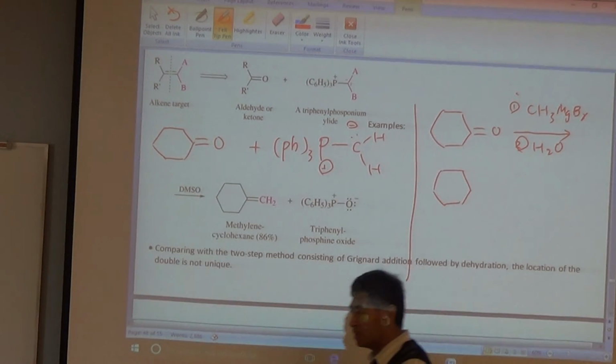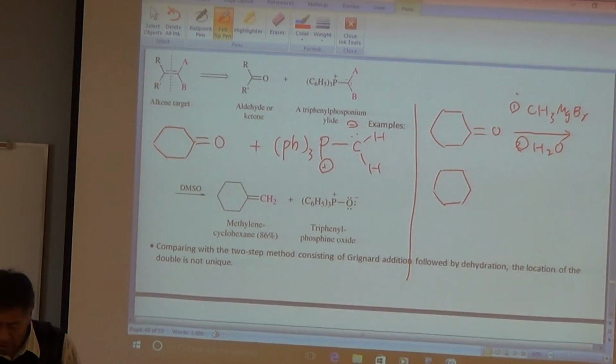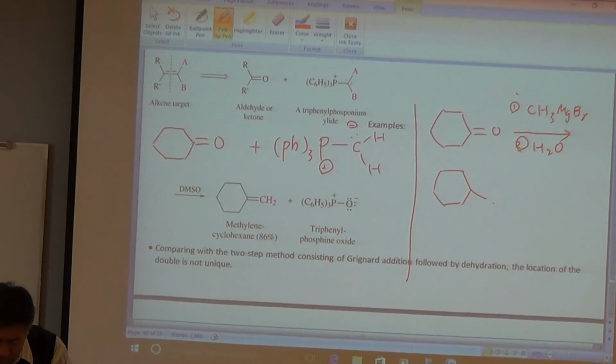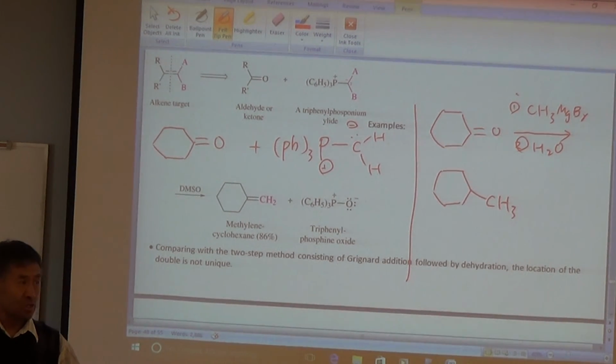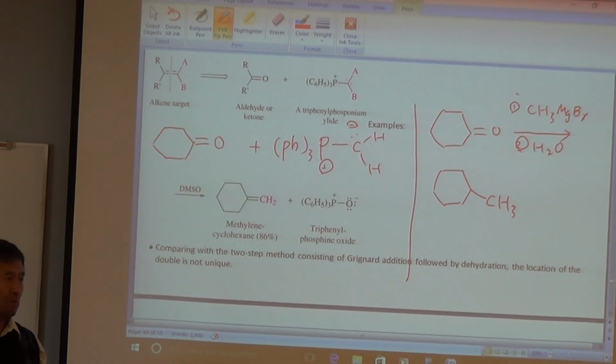So therefore your CH3 will add on. Remember the quiz we did yesterday? We took some of those Grignard and we initially produce the O1 negative, right? Then O1 negative abstracts H, and then you have this OH.